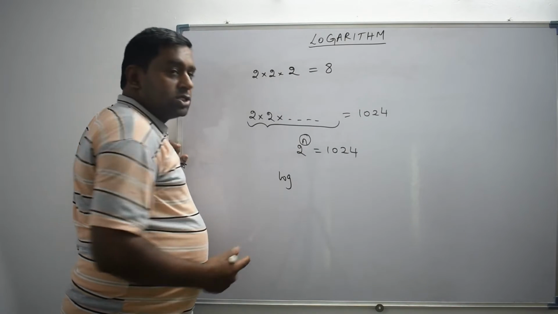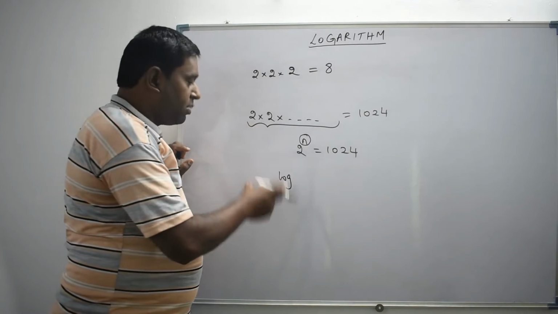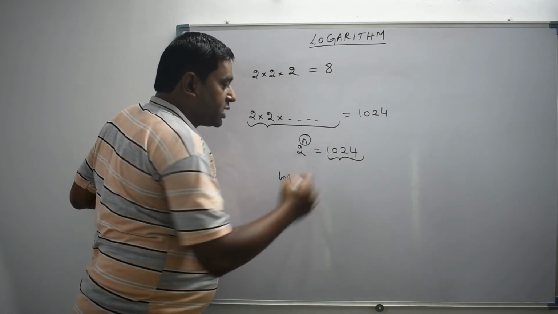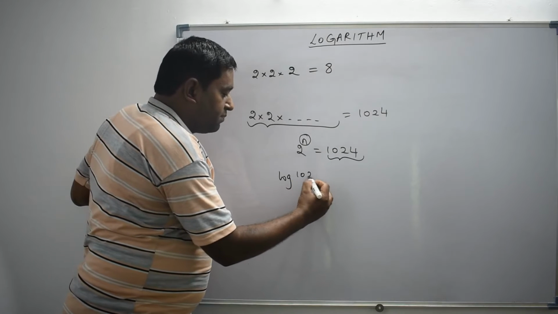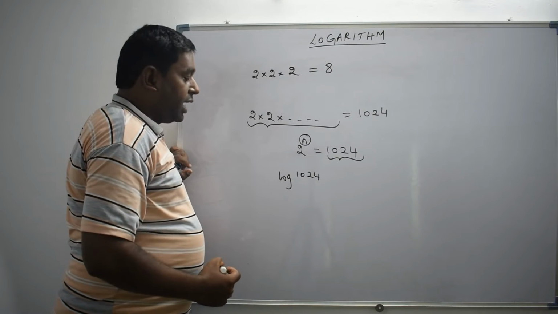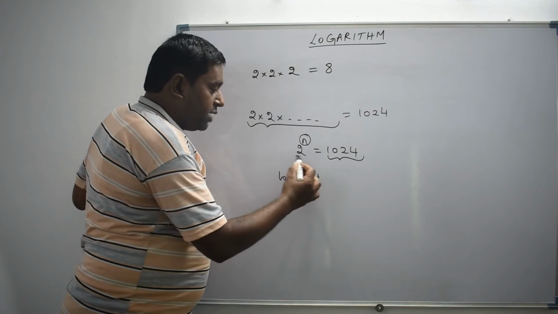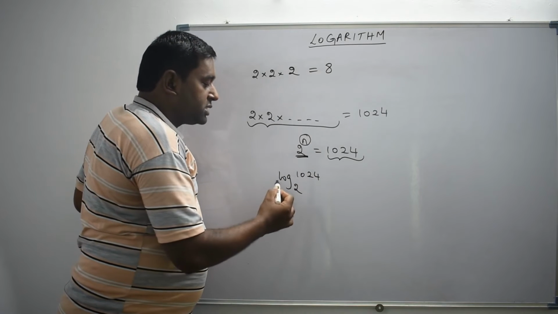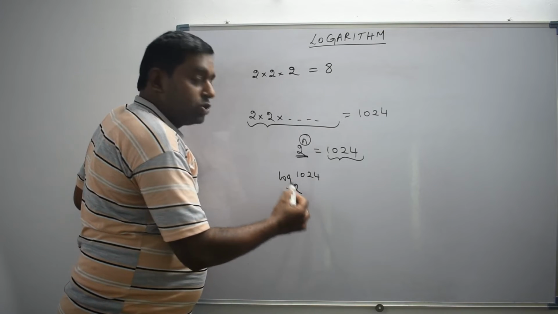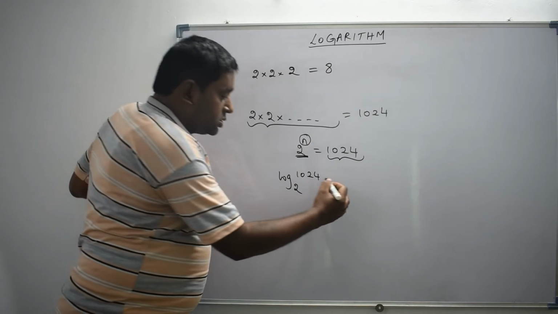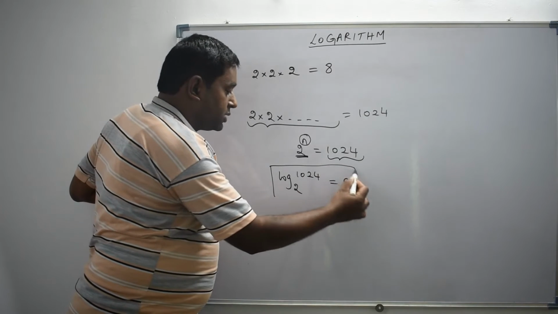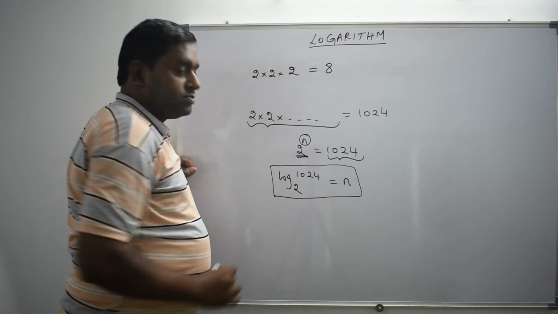I write log. Log is nothing but the simplest form of logarithm. The answer I am expecting is 1024, and that should be written here. For this logarithm, we have to take the base 2 here. So this should be pronounced as log 1024 to the base 2, and this will be equal to n. Now we have to solve this equation for n.